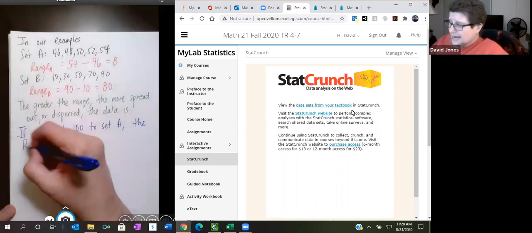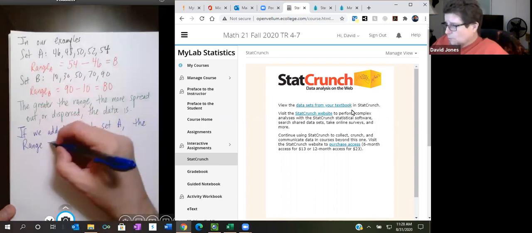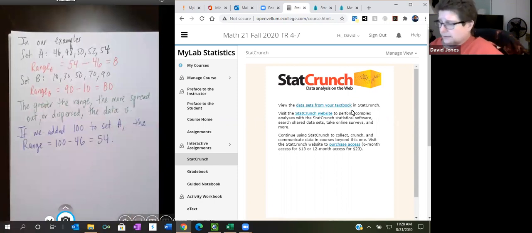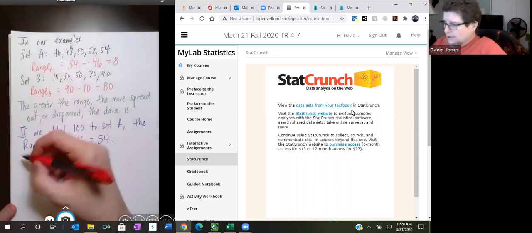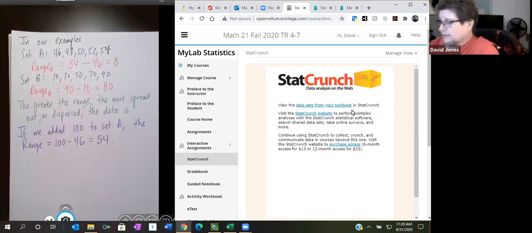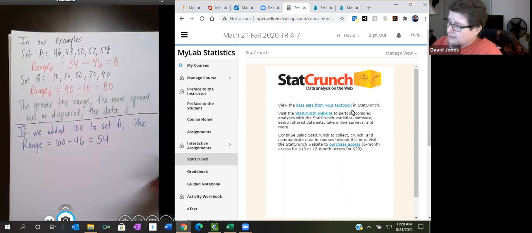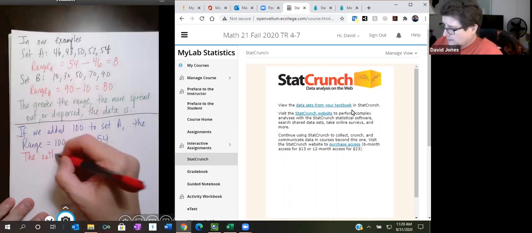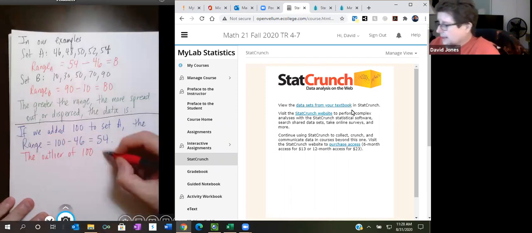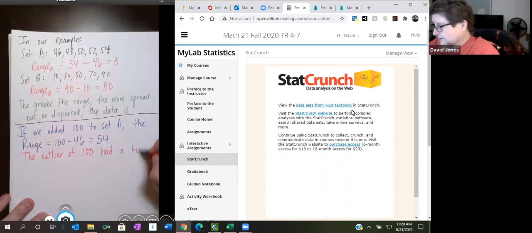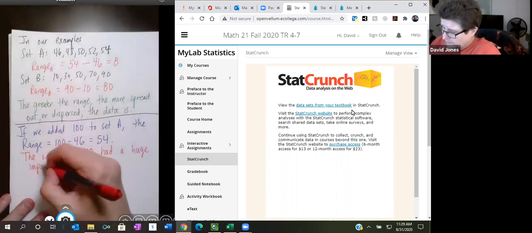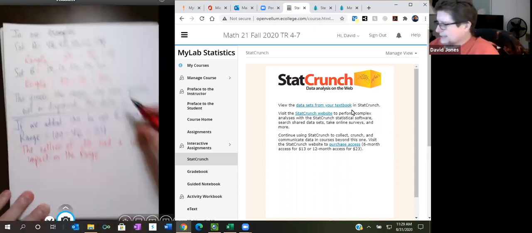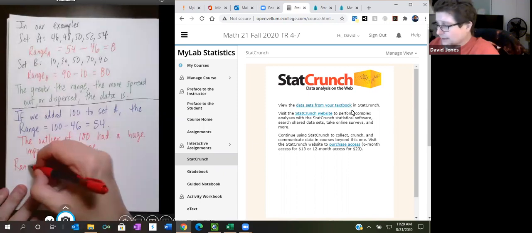The range is now 100 minus 46, which is 54. 100 was an extreme outlier. The outlier of 100 had a huge impact on the range, which means the range is not resistant to outliers.